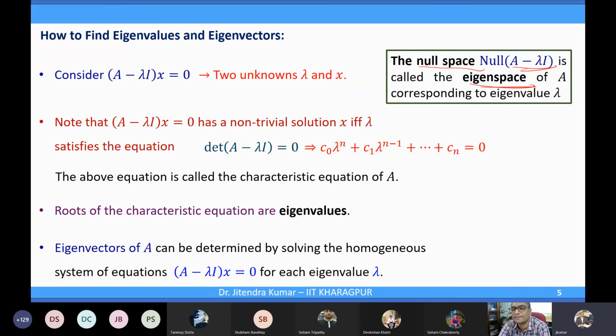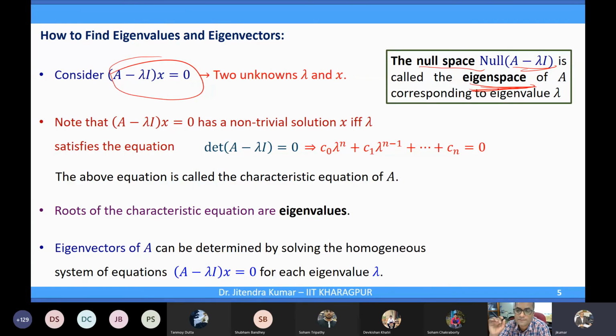The 0 vector is not an eigenvector, but if we include it in the set, then this is just the solution space of the system of homogeneous linear equations. So that forms a vector space, called the eigenspace.